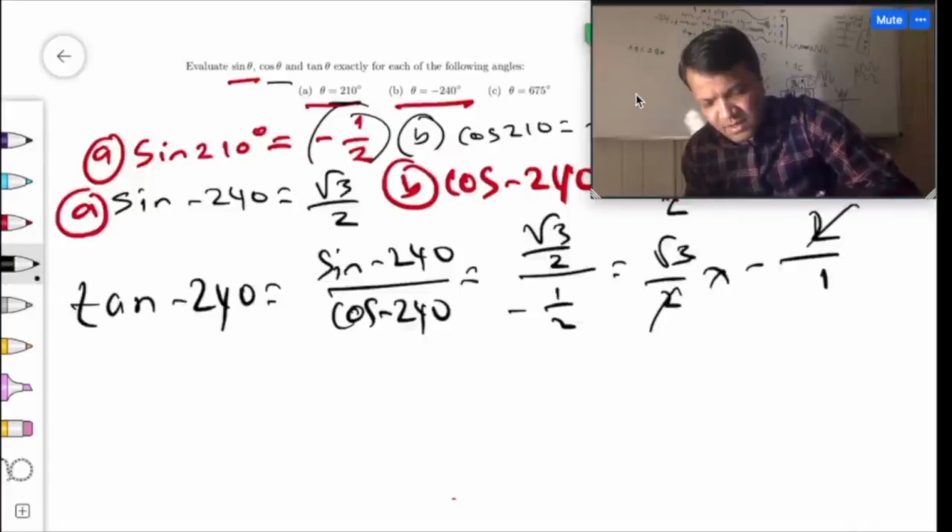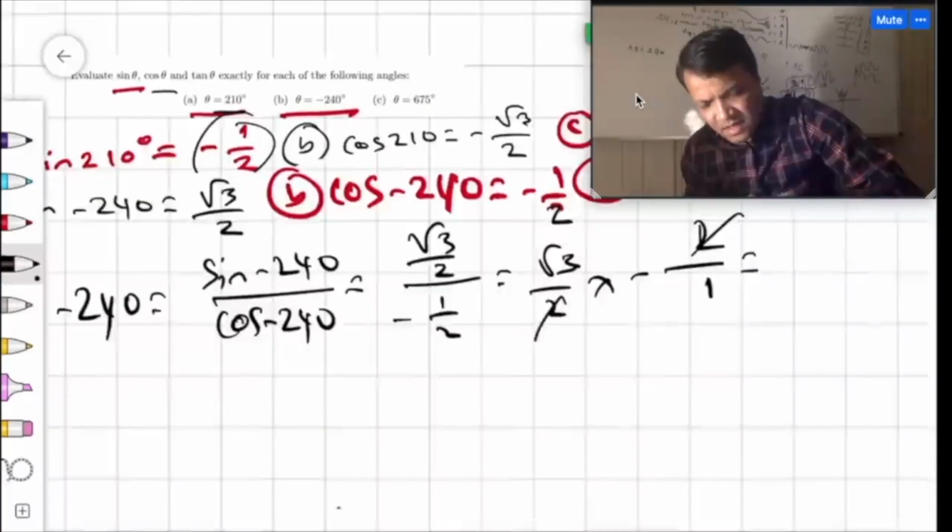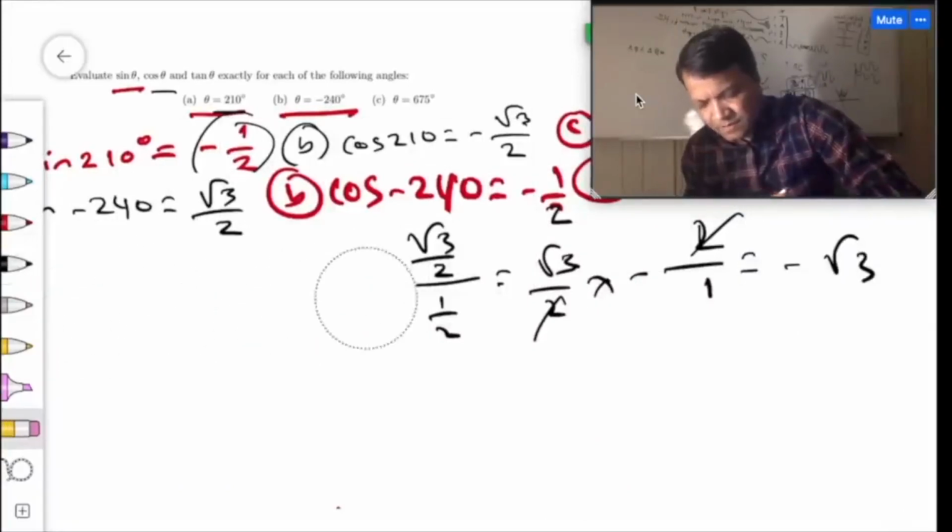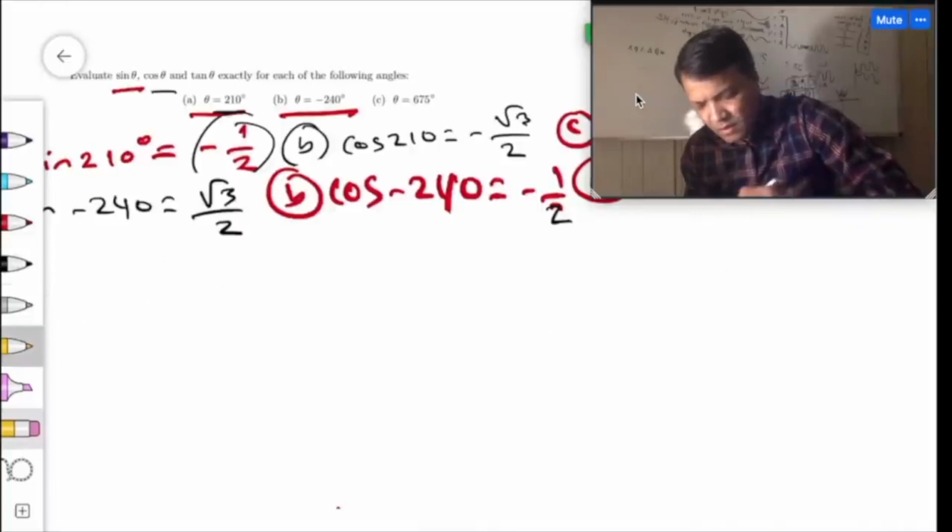The 2s cancel, so the answer is negative square root of 3. So tangent negative 240 is negative square root of 3. Okay, now we're going to solve the last one.